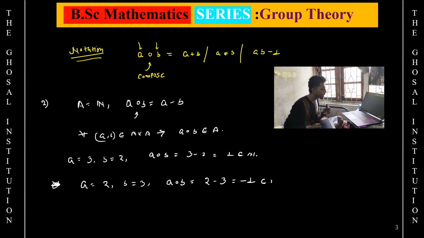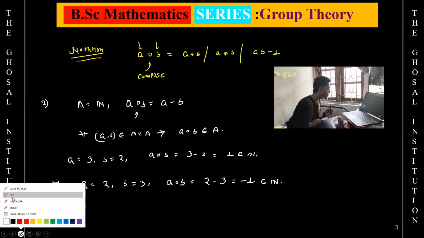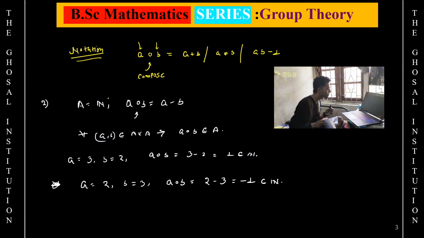That's very obvious, because minus 1 is in the integer set. So it means a compose b under the set of natural numbers doesn't form a binary composition.